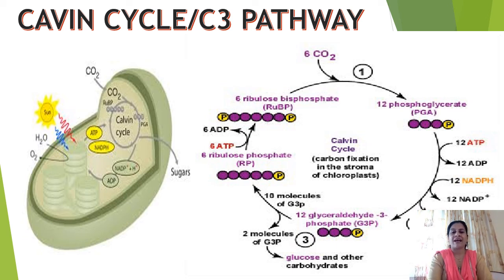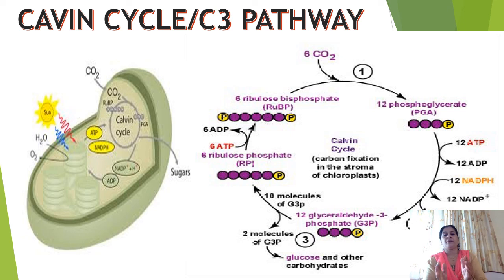So 6 times the cycle runs, it utilizes 12 NADPH2, and it utilizes 12 molecules of ATP here and 6 molecules of ATP. Total 18 ATPs and 12 NADPH2s are utilized in formation of one glucose molecule.